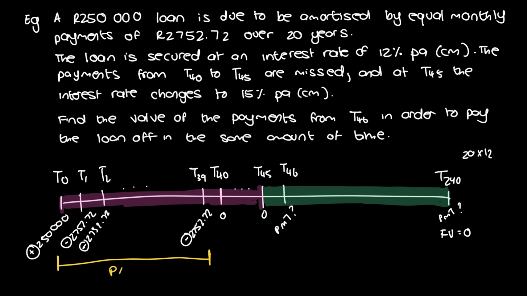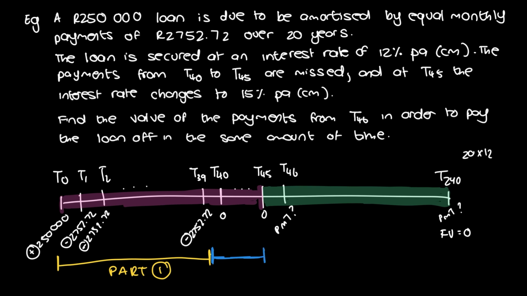So that's going to be part 1, because it is an annuity with payments of minus 2,752 Rand and 72 cents. And it stops at T39. Then we have new information occurring. So we have now just a normal compound interest. So from T39, we just have compounding interest occurring until the end of T45.